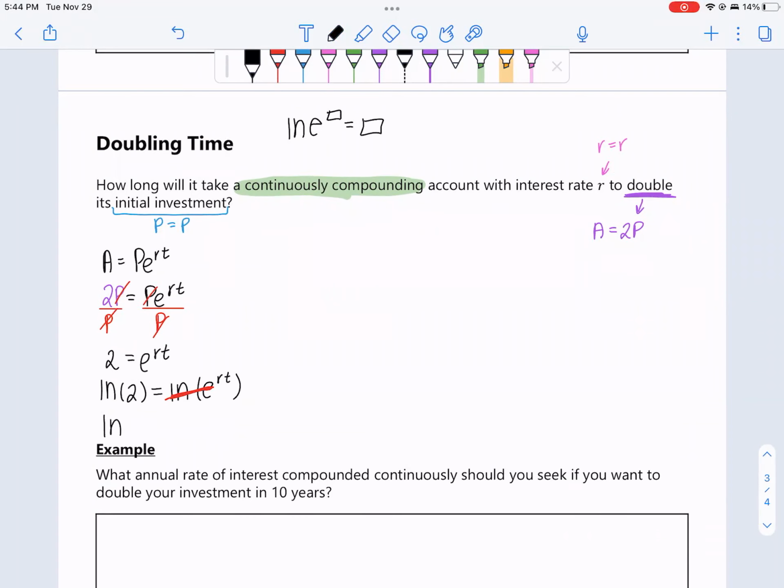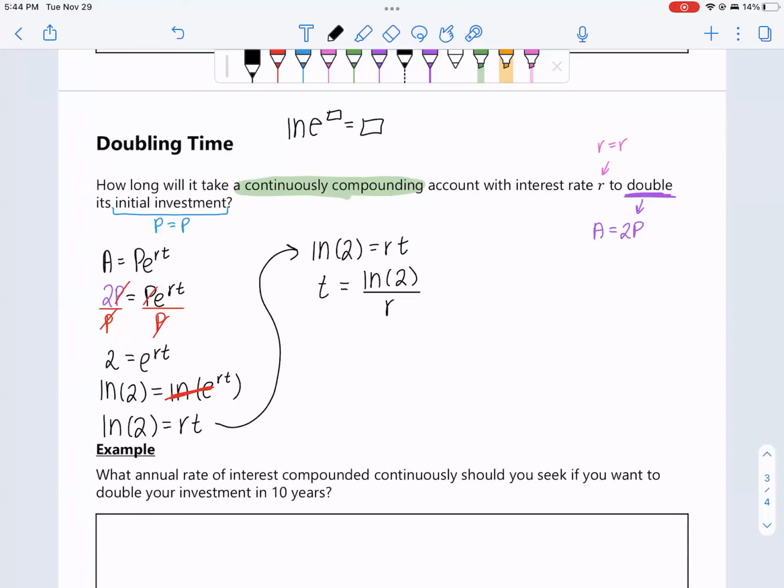So we get ln 2 is equal to RT. The question was, how much time will it take to double? So we're trying to solve for t. And if you divide both sides by r, you'll get that t is equal to ln 2 divided by r.